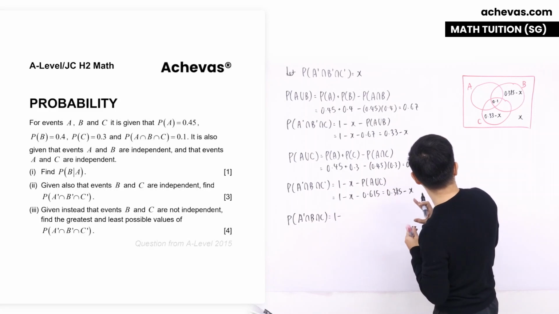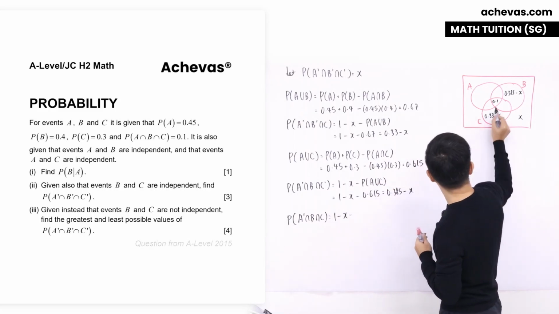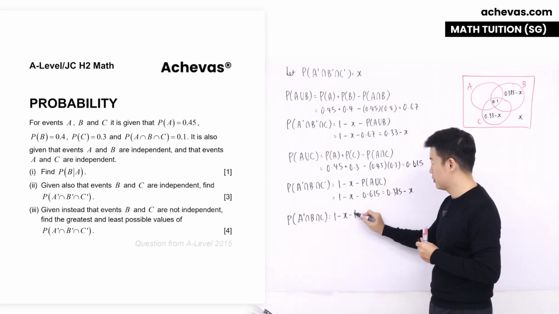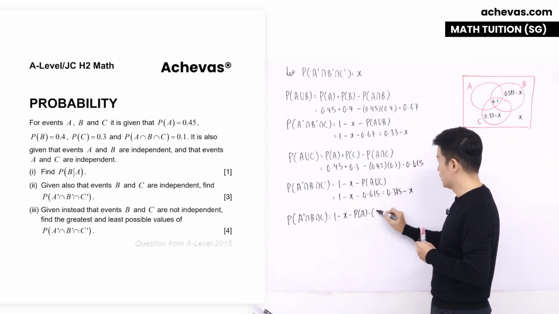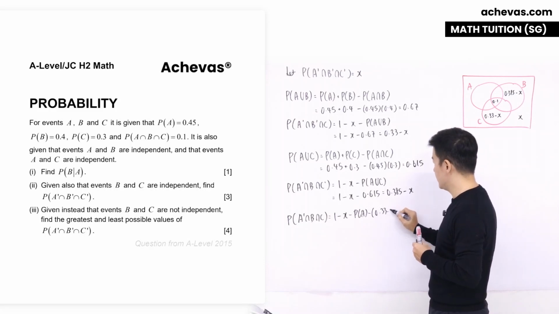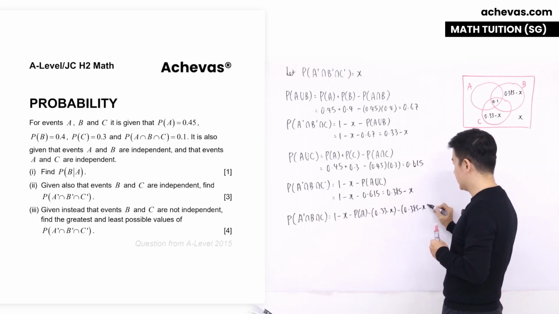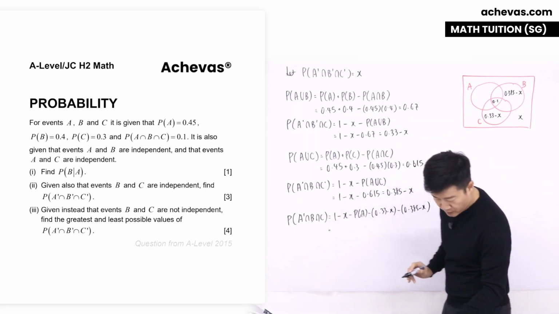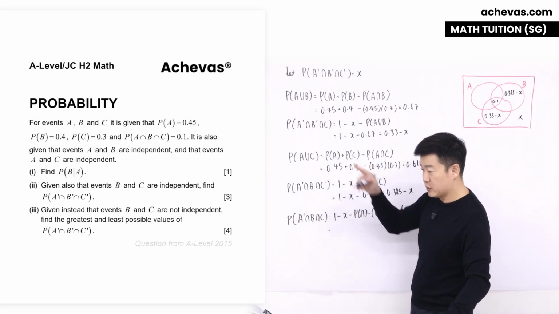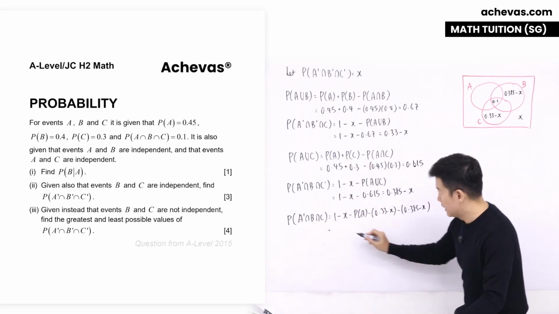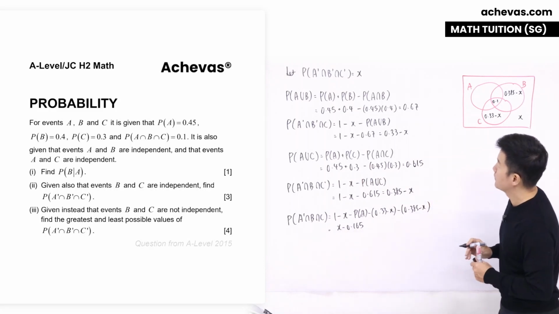So just like what I've strategized, I'm going to take 1 minus away X, minus away 0.33 minus X, minus away 0.385 minus X, and minus away the probability of A, which is given by the question as 0.45. This will reduce to X minus 0.165.